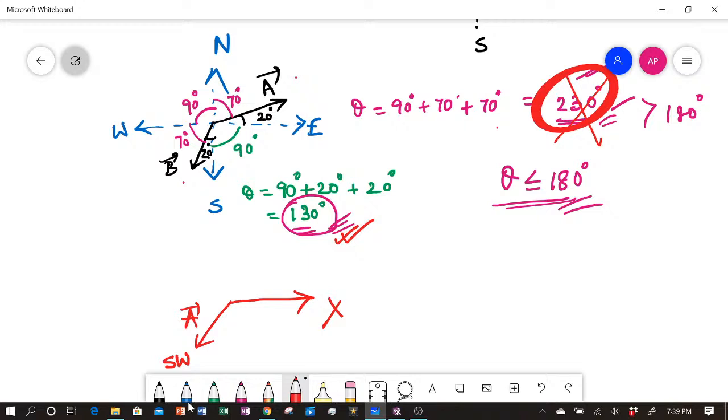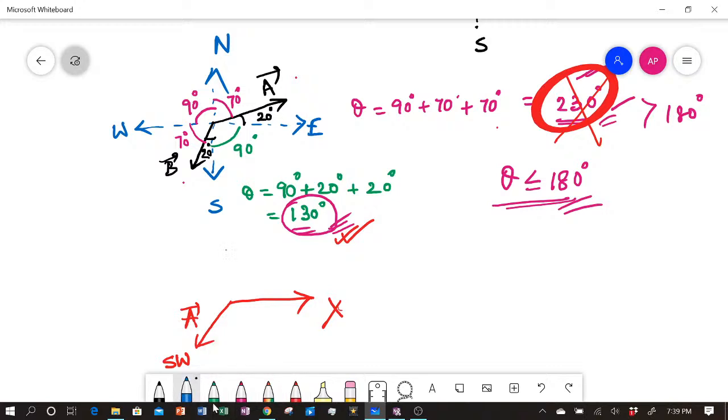Okay, Ravi Shankar's answer is 45 degree. No, it is not 45 degree. See, I am asking you to calculate the angle between x-axis and A vector. Okay, x-axis and A vector. Yeah, Malaya's answer is 135 degree. Yeah, that's true.